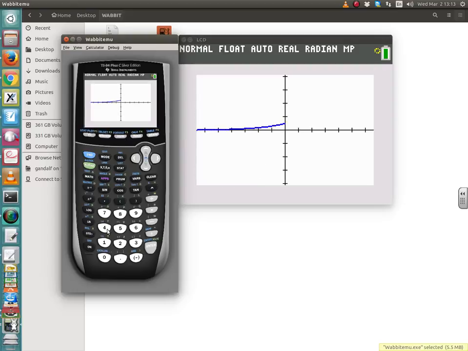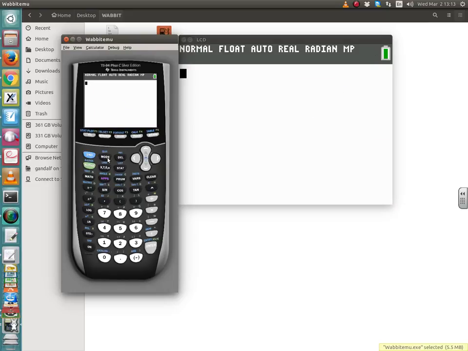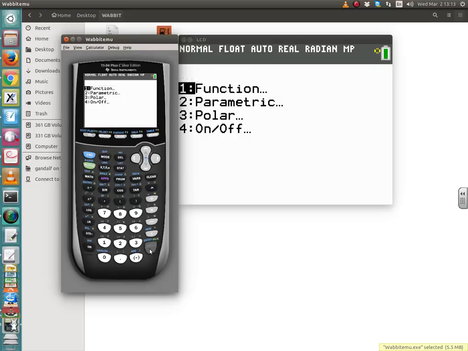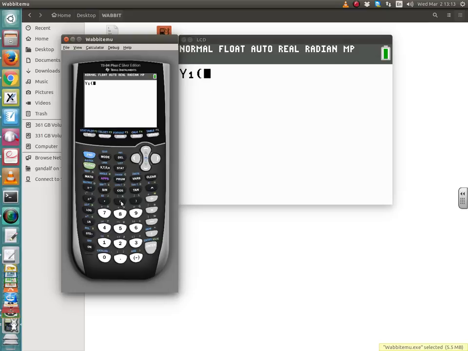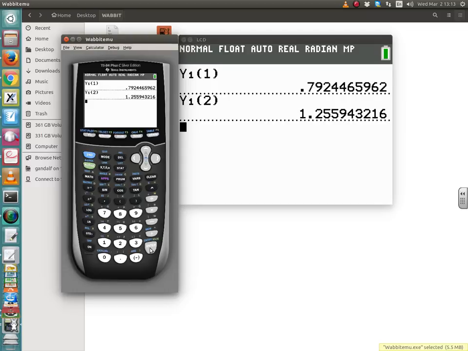All right, so we have to figure out the y value at 1, at 2, at 4, and at 8. You could trace it on here, or since I put this in y1, go to vars, y vars, function, y1 of 2. Remember, this does not mean multiply 2 times y1. This means plug 2 into the function that's stored in y1.